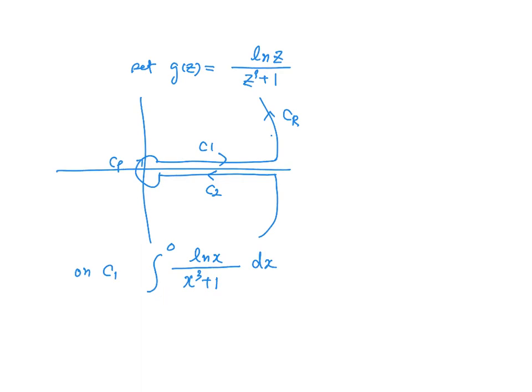Actually, it's from 0 to infinity. So this is your point x. This is x exponential 2 pi I. Right?